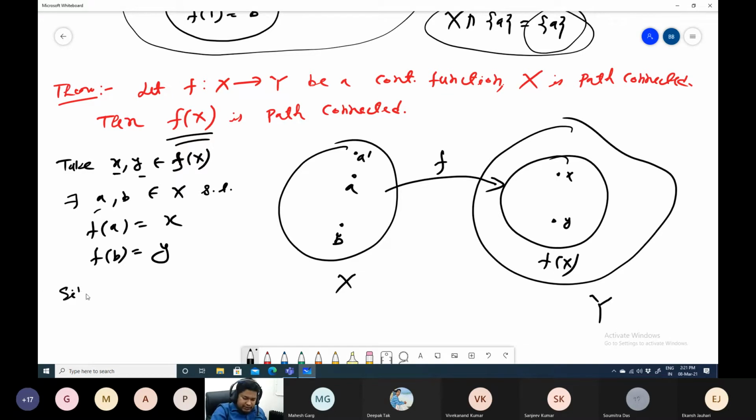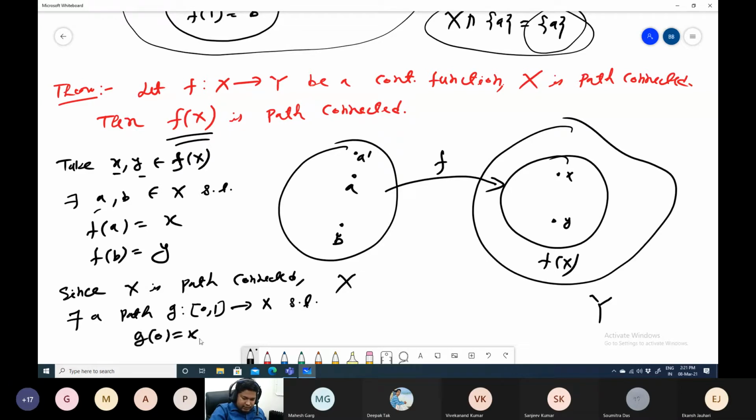Now since X is path connected, there exists a path g from [0,1] to X such that g(0) = a and g(1) = b. Now take the path h, which is f composed with g.